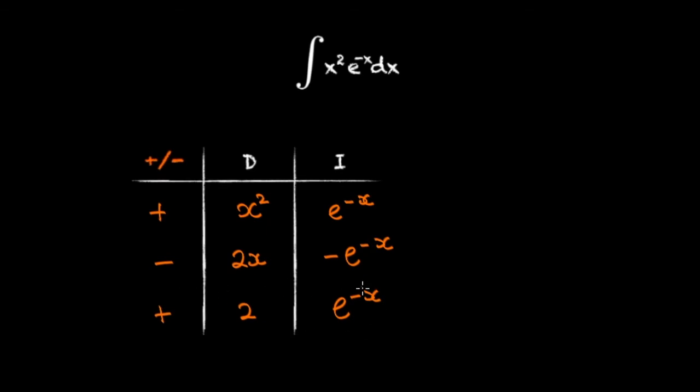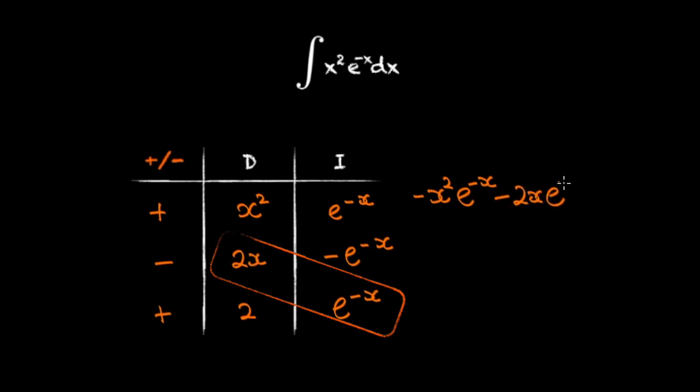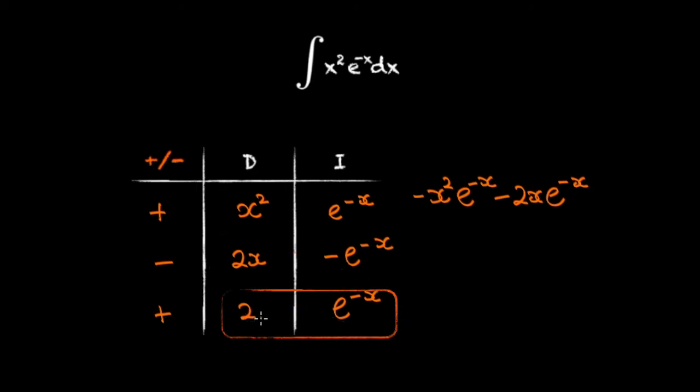And so the first term of our answer is positive x squared times minus e to the minus x. So that's minus x squared e to the minus x. Our second term is negative 2x times e to the minus x. And our integral is positive 2 times e to the minus x.